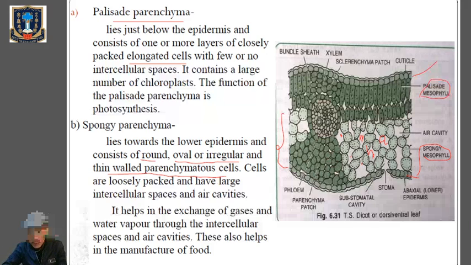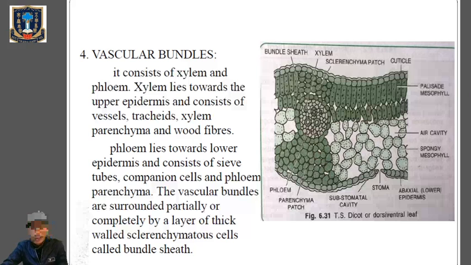Okay, now next one, vascular bundles. So vascular bundles are mainly composed of xylem and phloem. You can see the presence of xylem and you can see the presence of phloem. So xylem and phloem constitute the vascular bundle. Xylem lies towards the upper epidermis and mainly consists of vessels, tracheids, xylem parenchyma and wood fiber. Whereas phloem lies toward the lower epidermis.